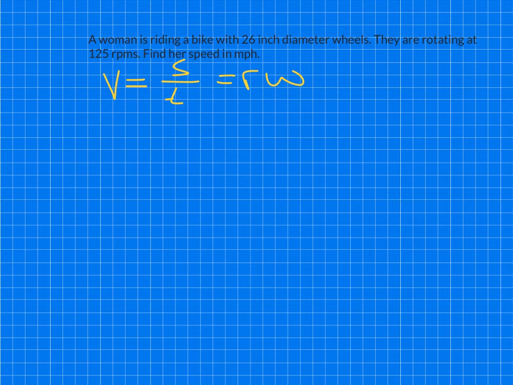I know something about its angular speed, 125 rotations per minute, so I ought to be able to calculate my linear speed by using the R W part of this formula. My radius of the wheels is 13 inches.